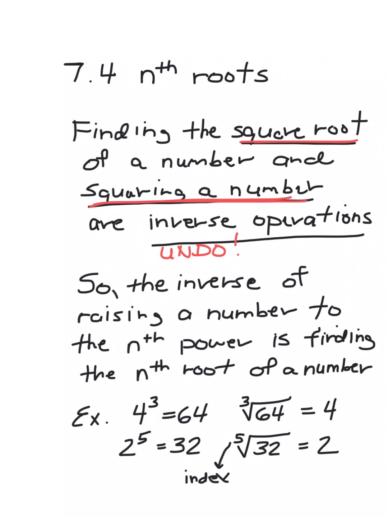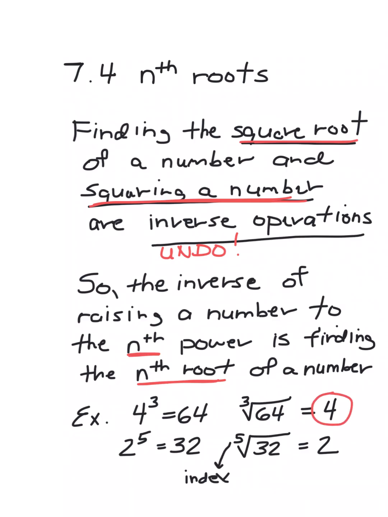Taking that a step further, the inverse of raising a number to the nth power is finding the nth root of a number. So for example, 4 to the third power is 64. That means the third or the cube root of 64 is equal to 4.